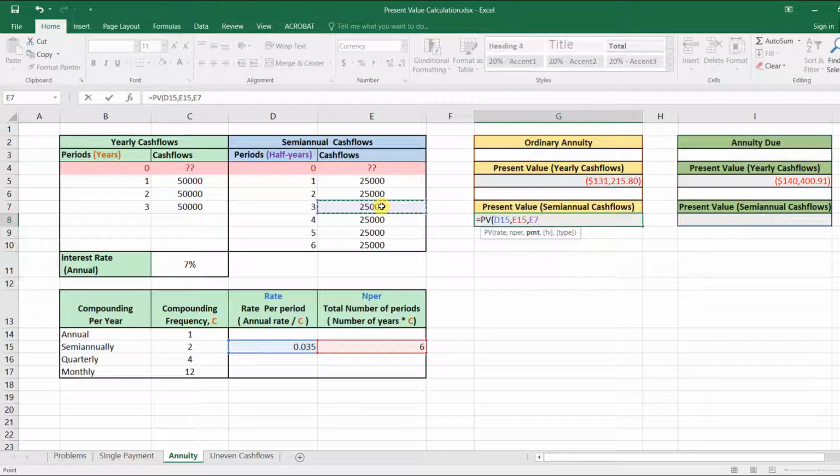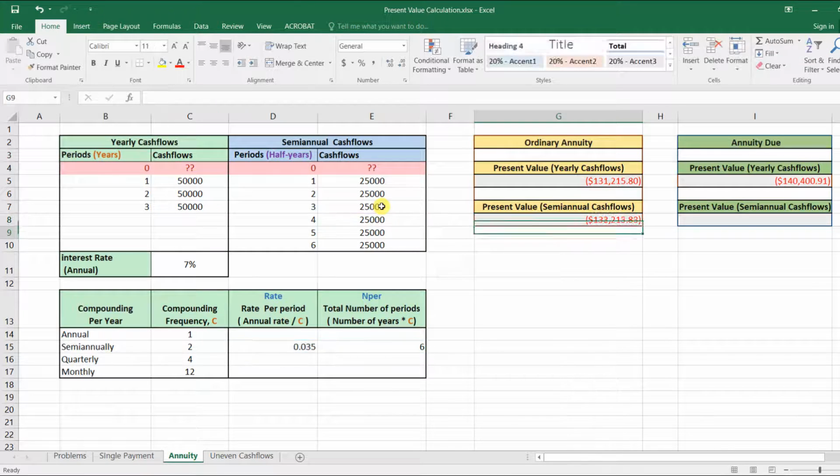Let's select this one, comma, future value is again 0, comma, finally for ordinary annuity select 0, close the bracket and press enter. So this time the present value of the semi-annual cash flows with semi-annual compounding is this one. Alright, in the same way you can do it for the annuity due. Just change the last variable.